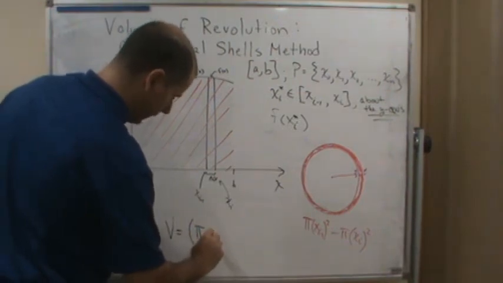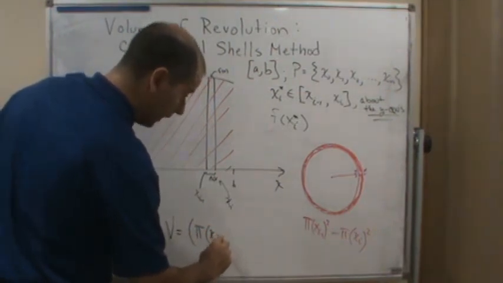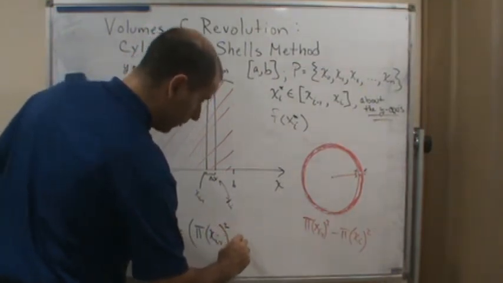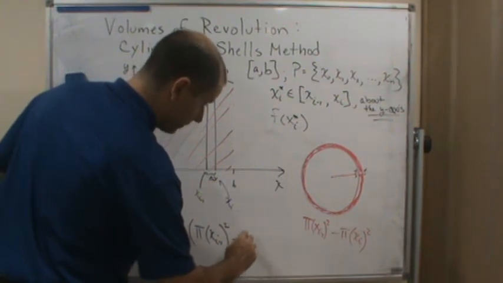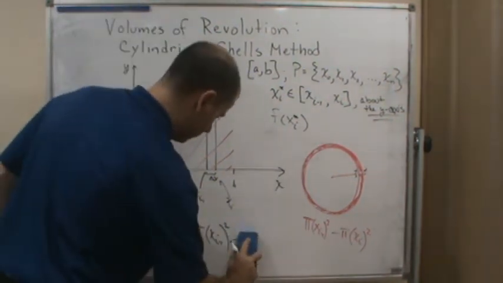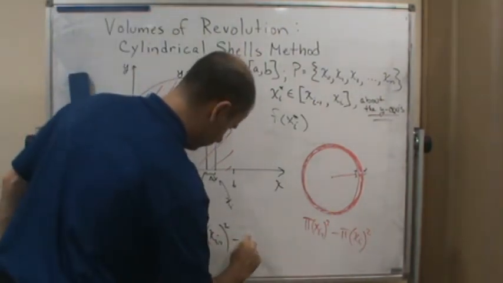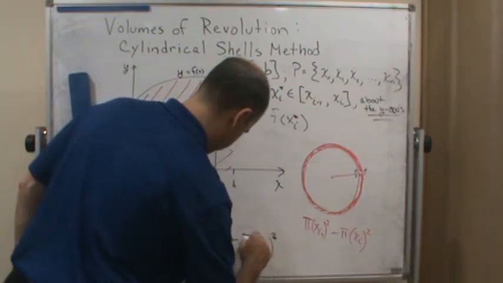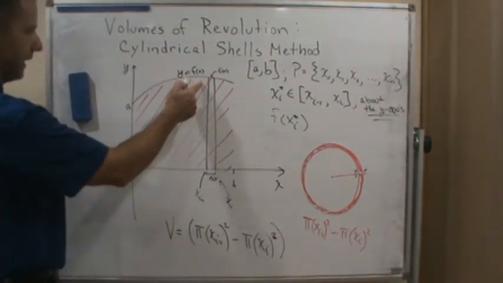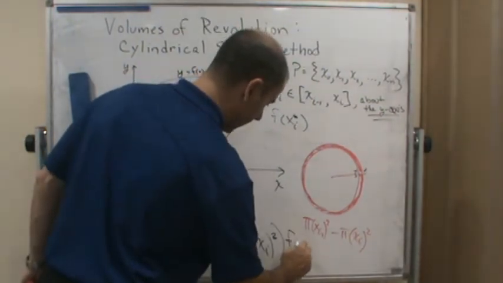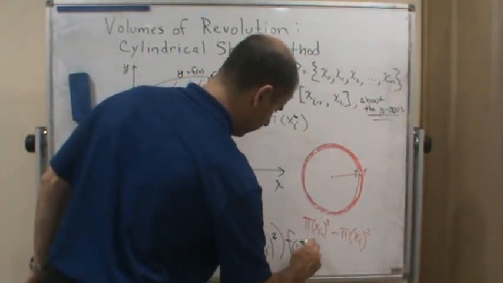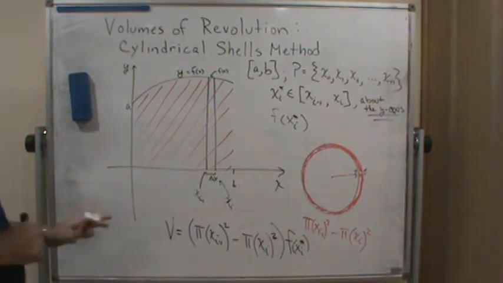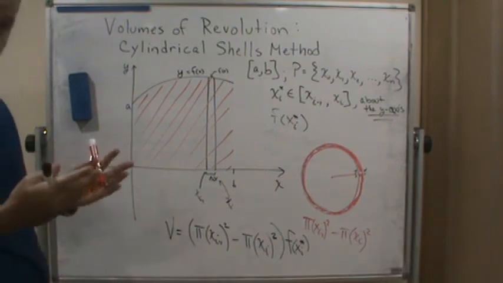It's going to be pi times x of i minus 1 squared minus pi times x of i squared, okay? And then we're going to multiply this by the height, which is f of x of i star.